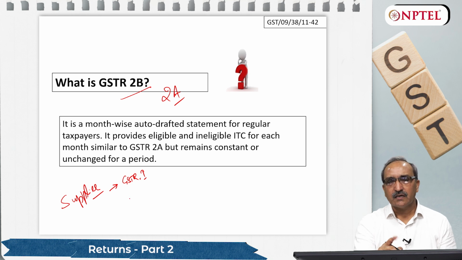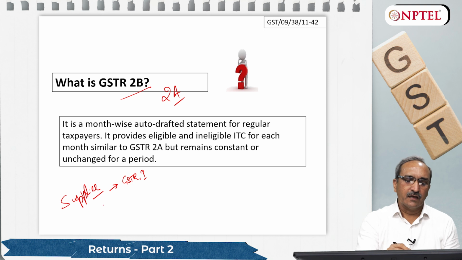So friends, if you remember section 37, subsection 1, one of the lines talks about the same being intimated to the recipient well in time as may be prescribed. So intimation to recipient means what?